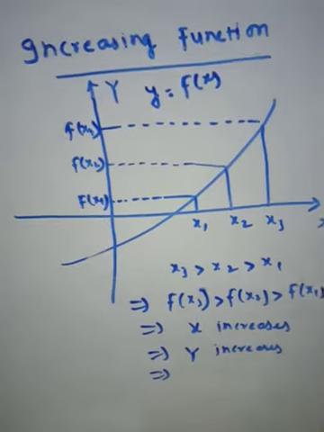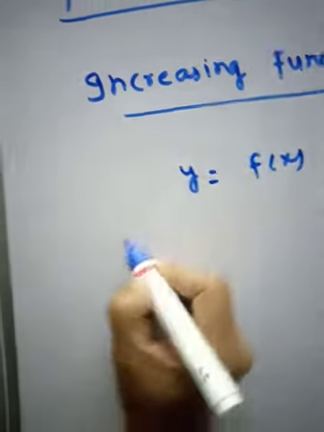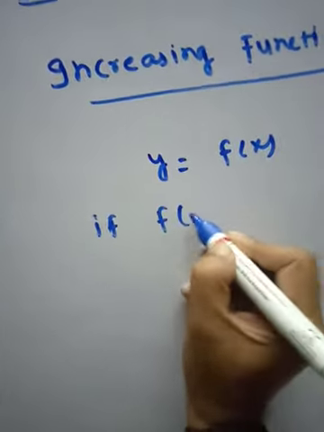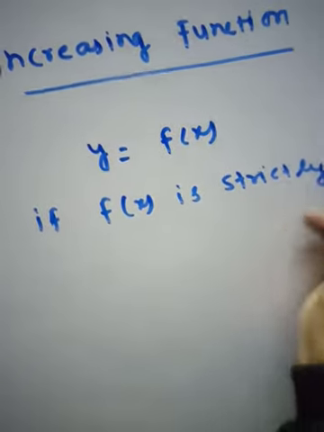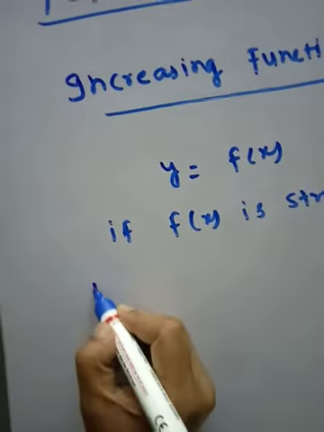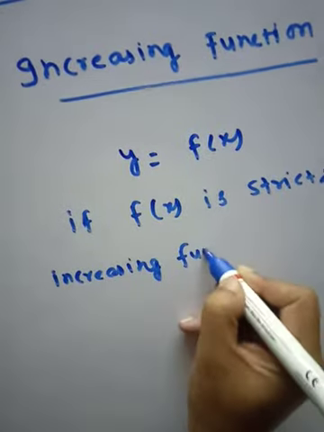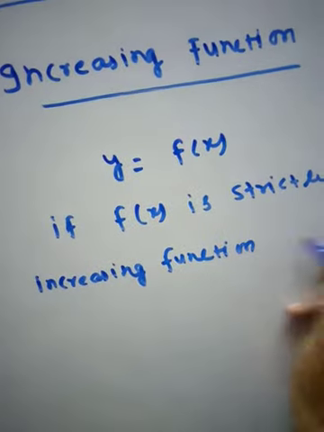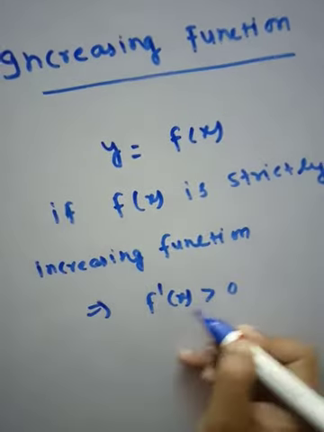Now what is the condition for increasing function? Suppose you have y equal to fx, a function. If fx is a strictly increasing function, that means f dash x should be greater than 0.